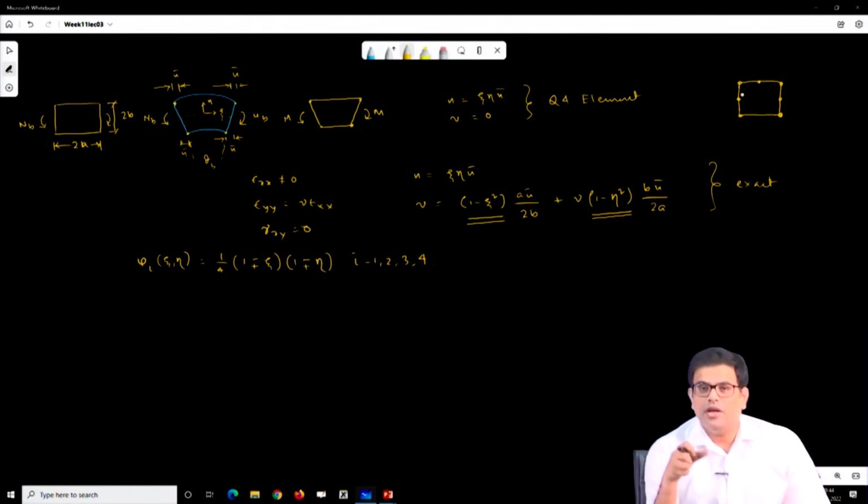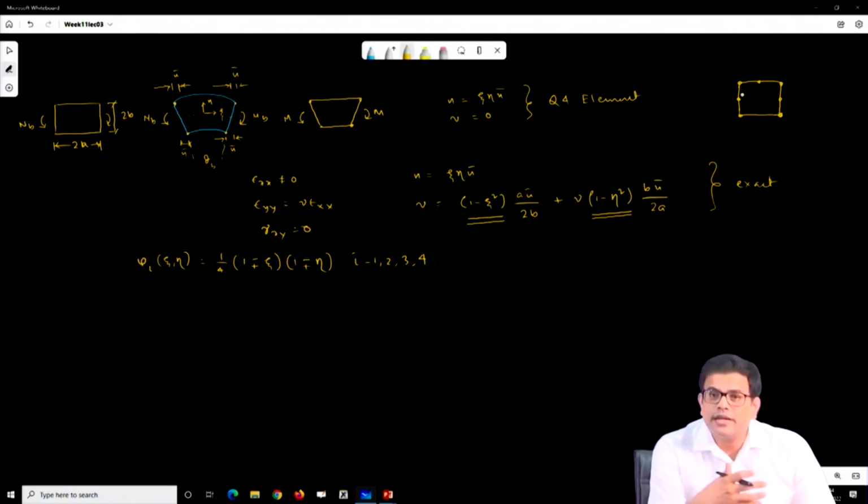But if I still want to use the lower order element and modify it in such a manner that it can represent this, one way is to consider incompatible modes. We have already studied what the modes of the Q4 element are. So if I consider incompatible modes, now let us see what they are.